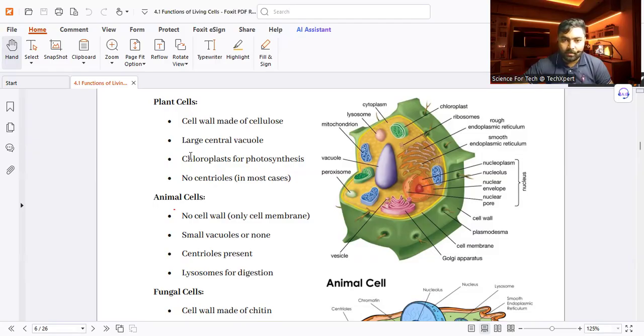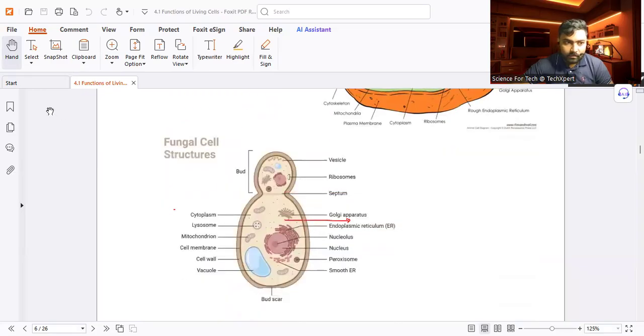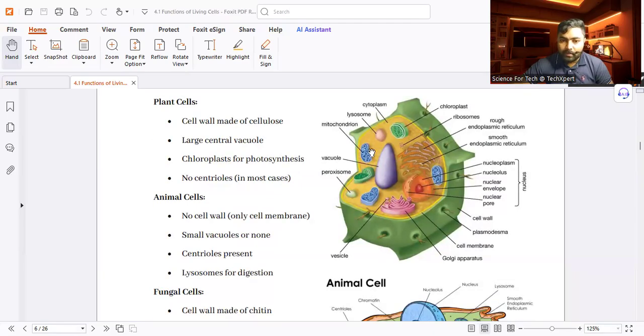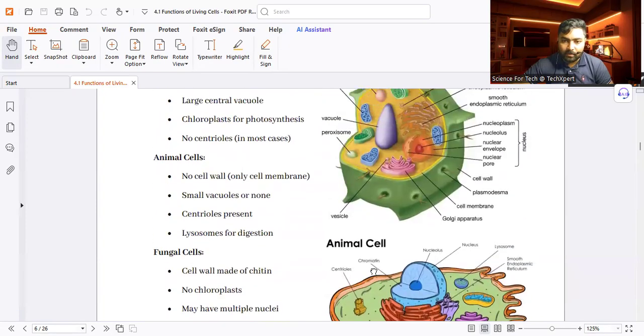As a common thing, you can see cytoplasm. Cytoplasm means this region. In here, the yellow region is the cytoplasm. Here, the green region is the cytoplasm, and here the light brown region is the cytoplasm. The importance of the cytoplasm is that all the organelles are embedded in it.